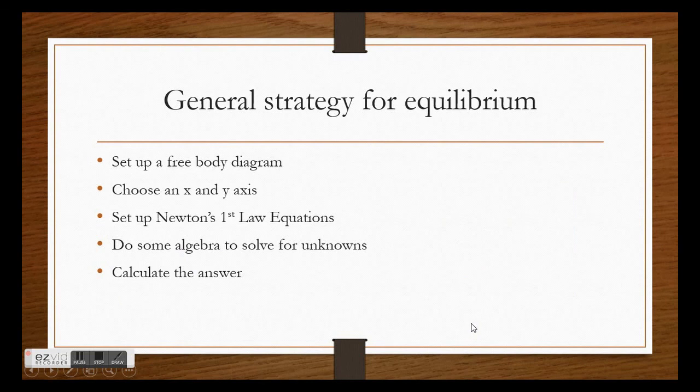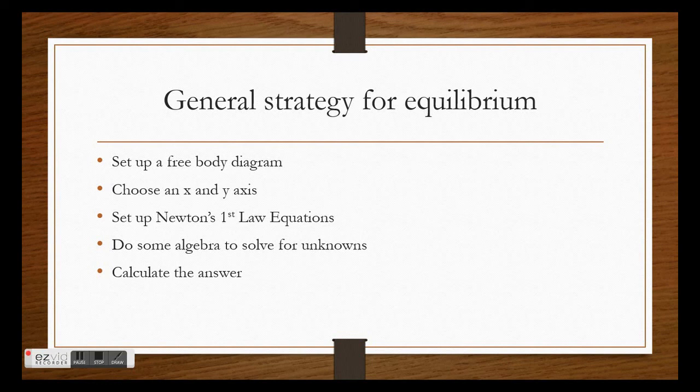So kind of a general strategy for solving equilibrium problems: the very first step that you should do is set up a free body diagram. Hopefully your free body diagram says that everything acts in either a positive or negative direction, a one-dimensional problem. If it doesn't, choose an x and y axis that are appropriate to the problem. If you don't know what's appropriate to the problem, it's perfectly acceptable to choose horizontal as x and vertical as y.